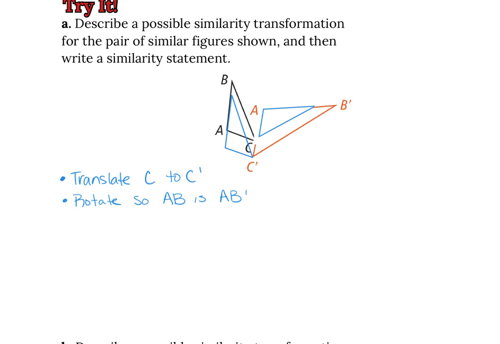Next, we want to dilate so that C prime is B. So we're dilating from C prime so that B is on B prime.